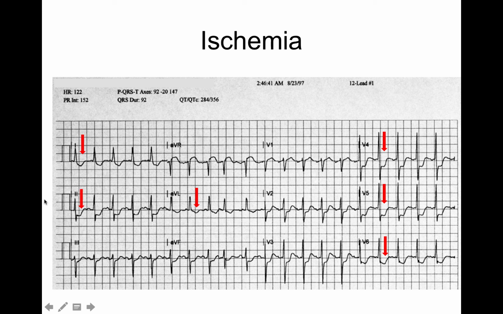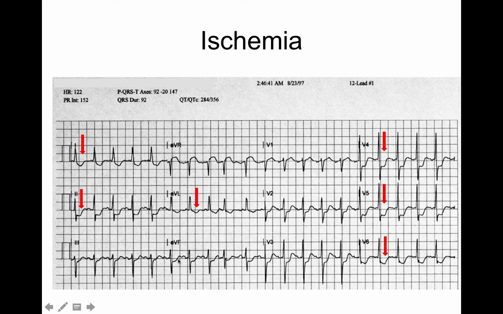So I'm going to show you some different presentations of that. We're going to see ischemia going on here. I'm going to say to myself, I see all leads, okay? I have to have 2 contiguous leads. So I'm going to look at lead 2, lead 3. That doesn't look the same. Lead 2, AVF.